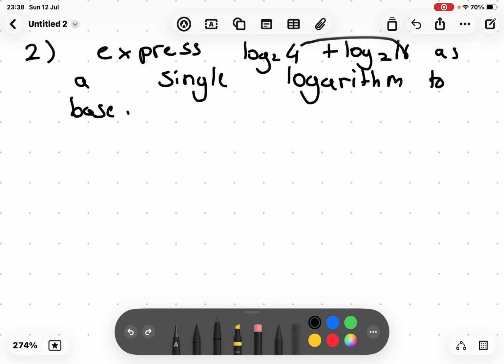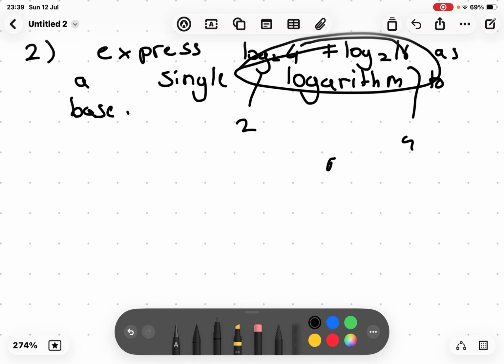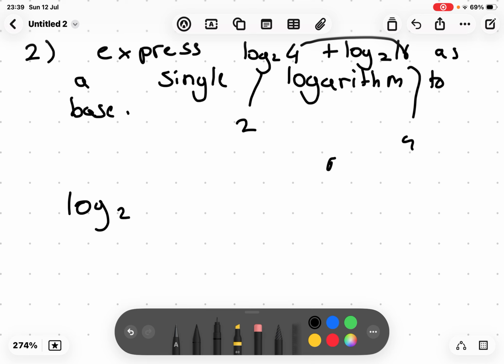Okay, what this question is asking us to do is basically, this equals 2 because 2 plus 2 is 4. This is 4. And these two is 6. And we're asked to make a logarithm that will suit 6, the answer of these two. So log 2 6 equals 6.